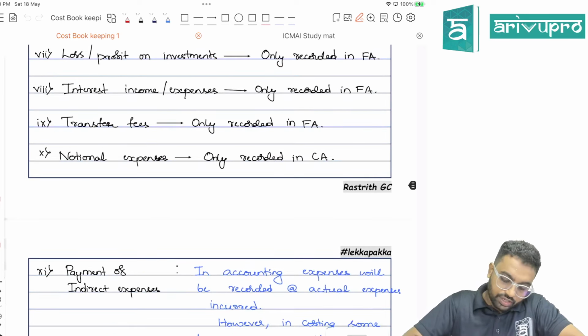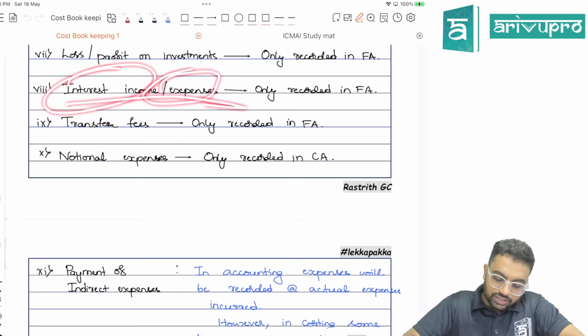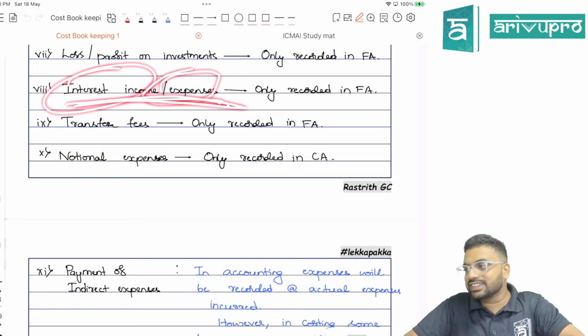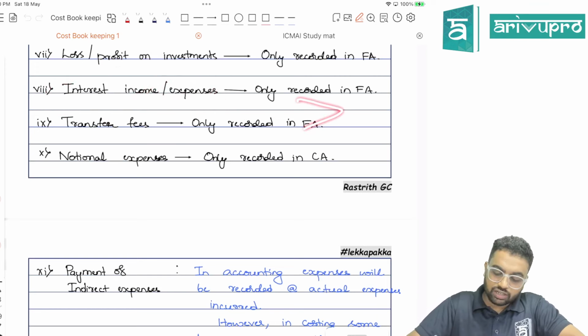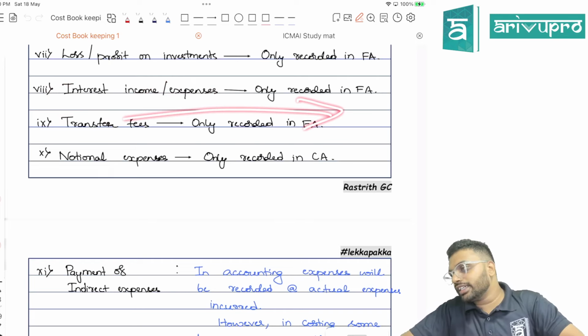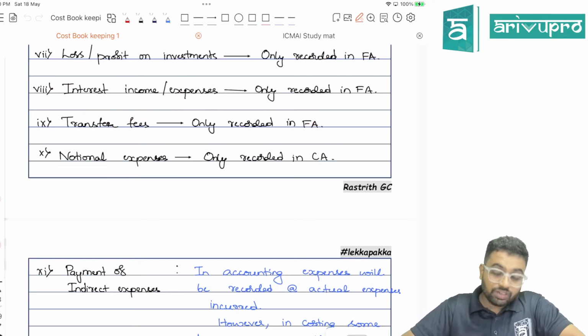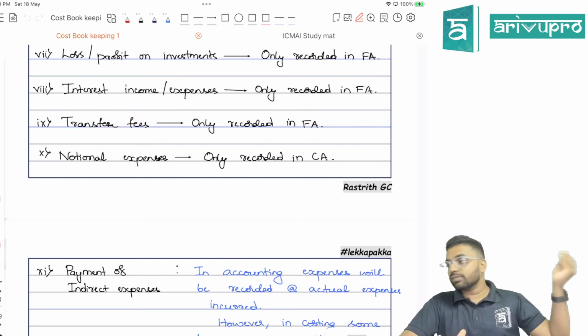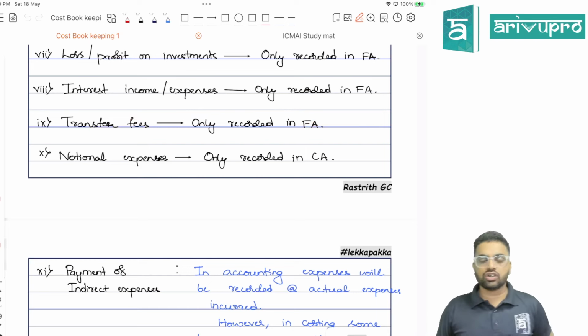Okay. Interest income and expenses, sir. This investment itself is not relating to cost accounting. I mean investment other than the machine and all, because for investment in machine and all, the depreciation will be taken in costing also.